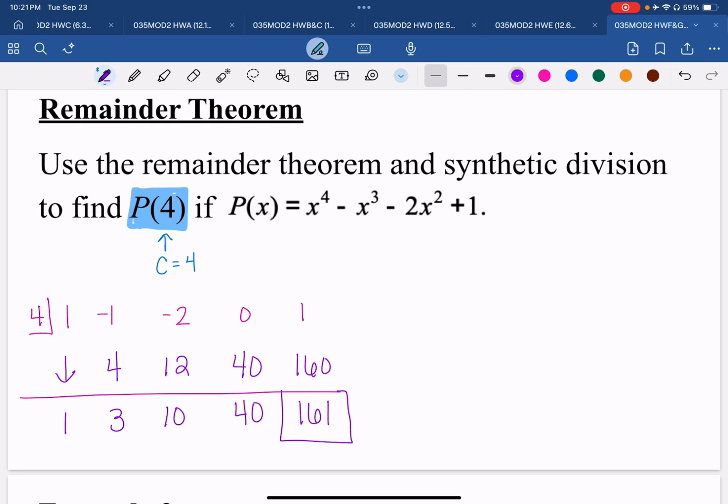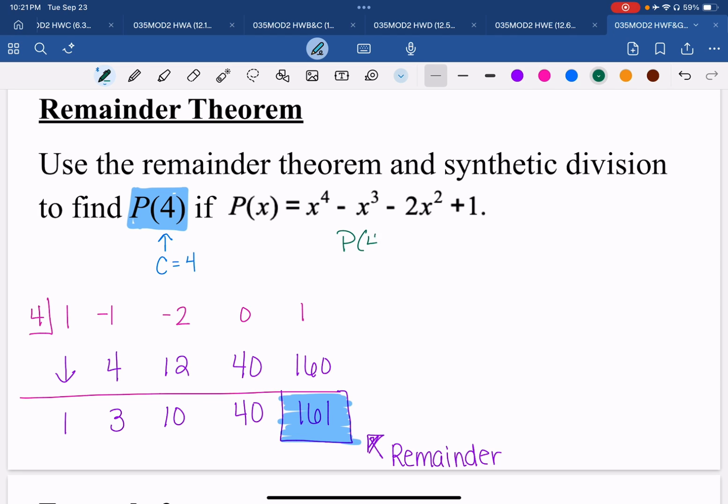All right, so now let's talk about what all this is. This we know is the remainder. The remainder theorem says that the remainder is going to be the same thing as if I were to come up here and plug in 4.